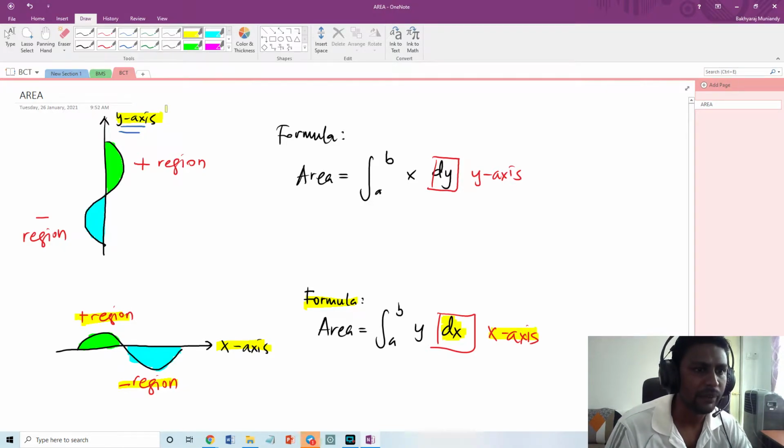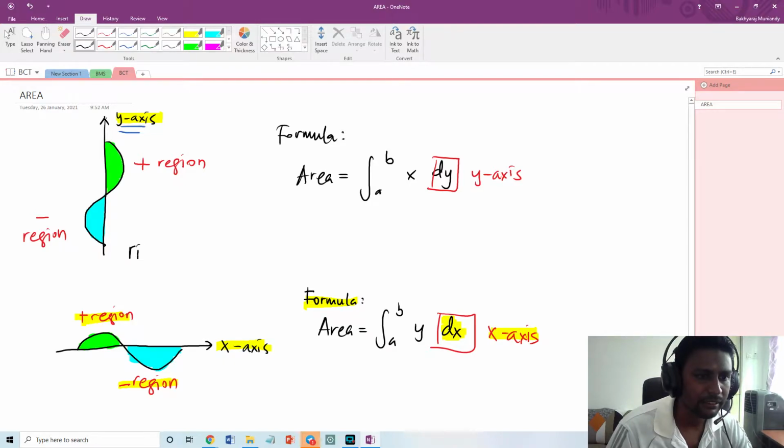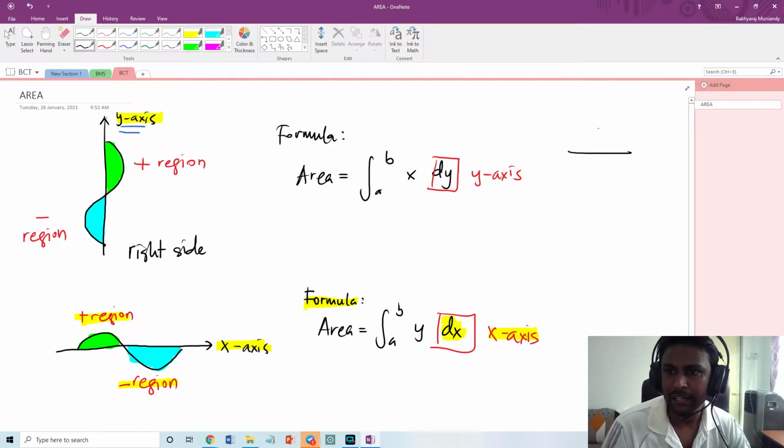My focus is the y-axis, and the y-axis also has positive and negative regions. If you consider this side, the right side, we call this the positive region. Let's say I put it like this, with the origin here.